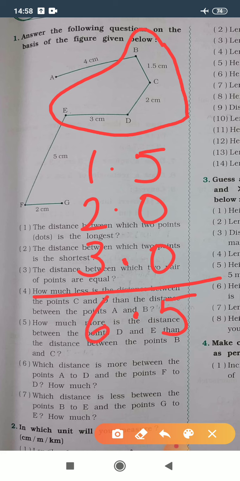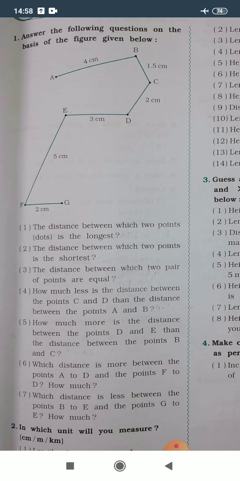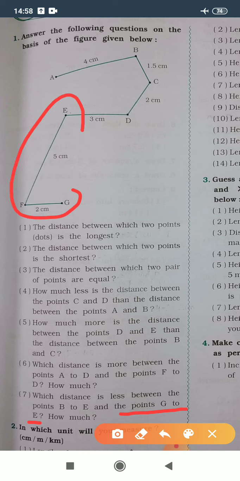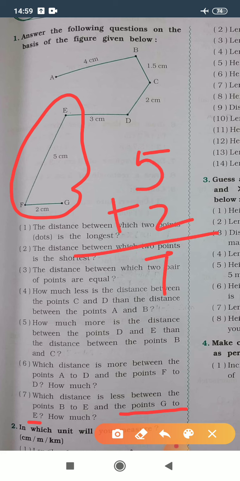So from B to E the distance is 6.5 centimeters. After that we need to calculate the distance G to E. From G to E, this area. So let's calculate 5 plus 2. It gives you 7.